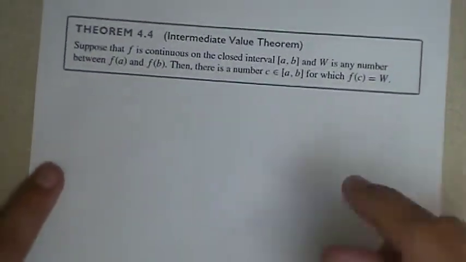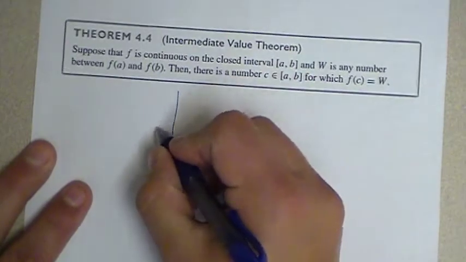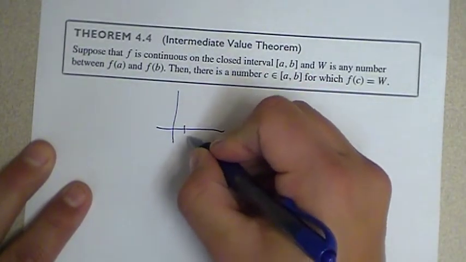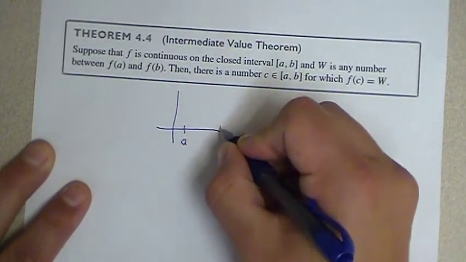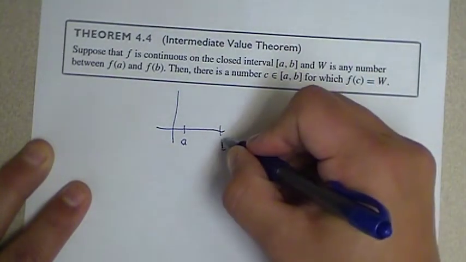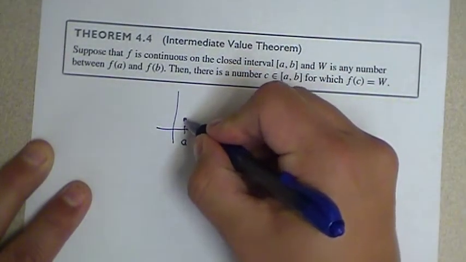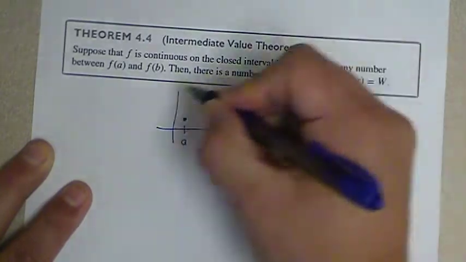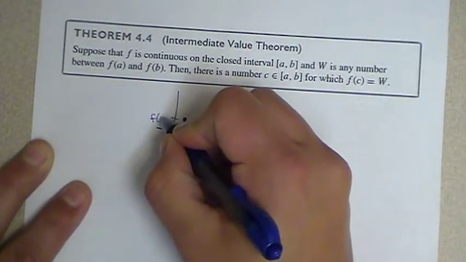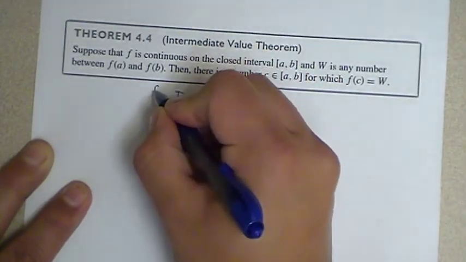So remember what the intermediate value theorem said. If you have a function defined on the interval from a to b that is continuous, and you know f of a is some value here and f of b is some value here, so this would be my f of a value, and then way up here I'd have my f of b value.